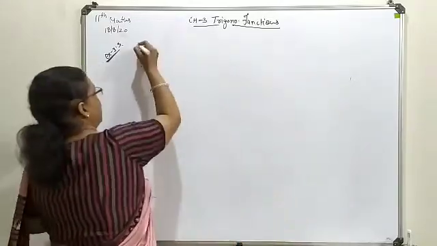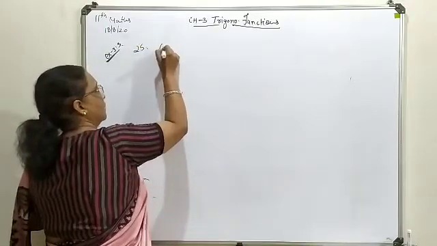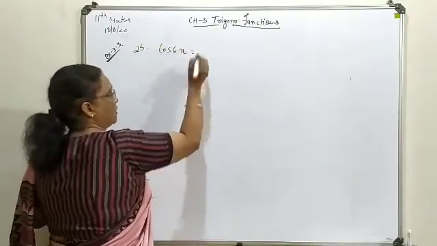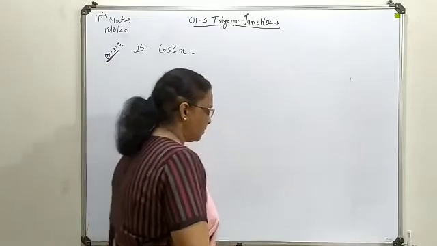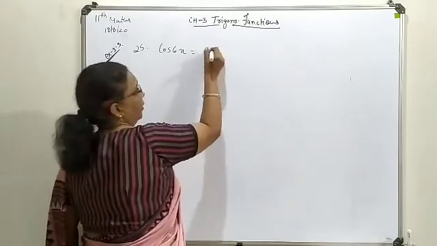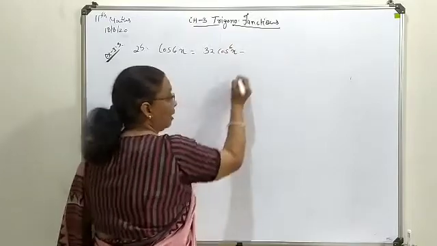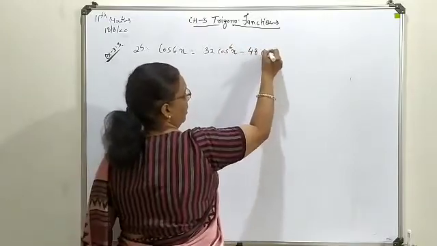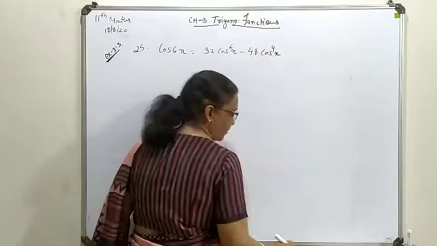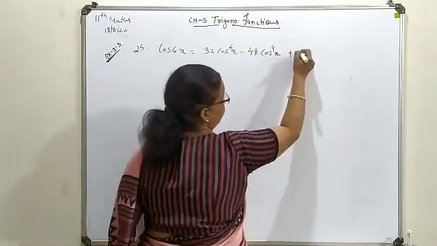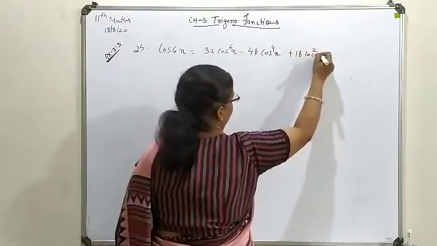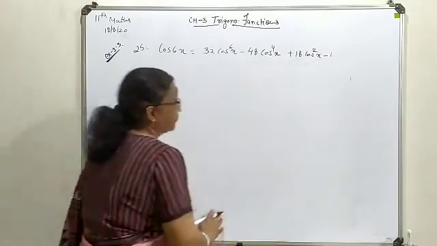Now the last one is cos 6x, you have to express as 32 cos cube x minus 48 cos 4x plus 18 cos square x minus 1.